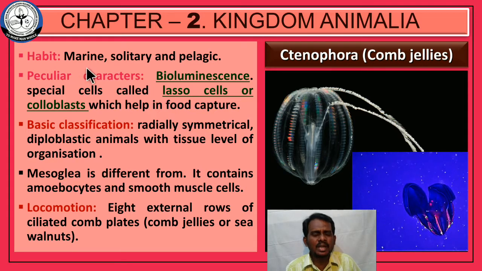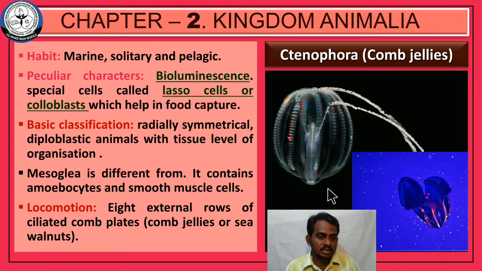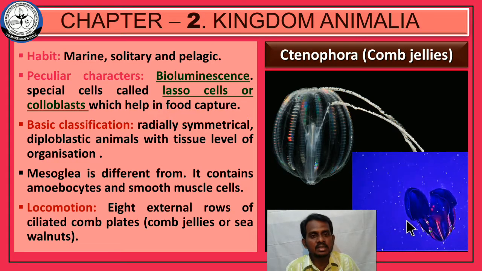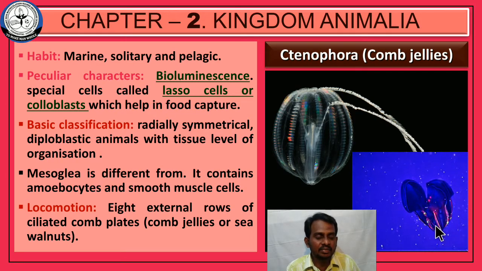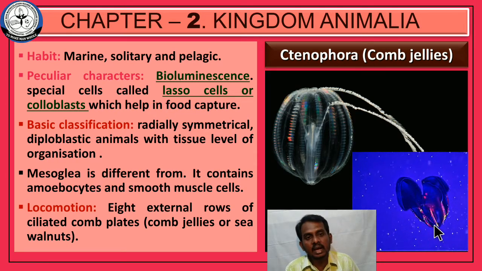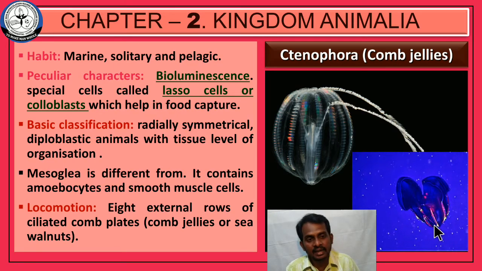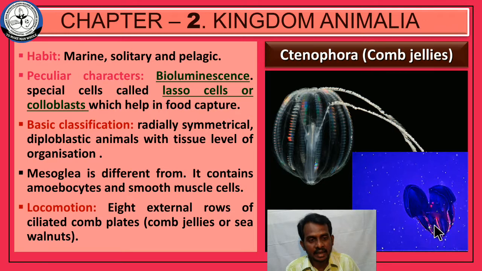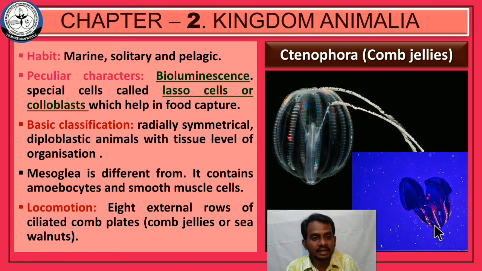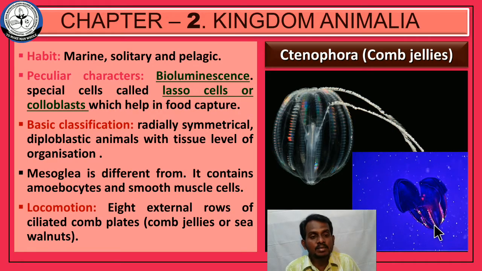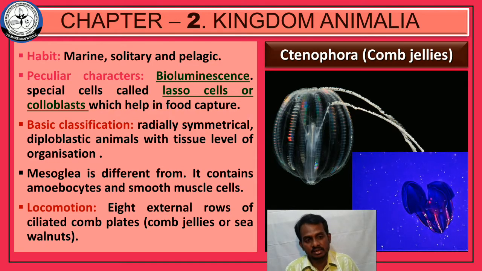And what is a peculiar character? See here, bioluminescence is one of the peculiar characters for comb jellies or Ctenophora. What is bioluminescence? Emitting of light during the night time or daytime to attract the same species of the other sex.